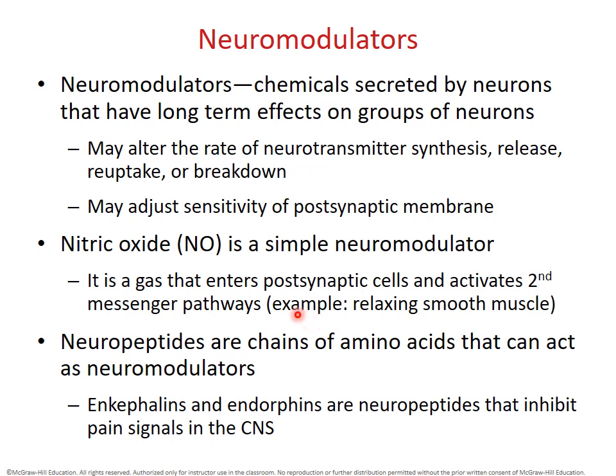And this will then make that cell more sensitive to the actual neurotransmitter that's going to function like norepinephrine through a second messenger system. So again, by getting the second messenger system going to begin with, it makes that cell more sensitive to, say, a neurotransmitter like norepinephrine when it comes along and activates that same second messenger system.